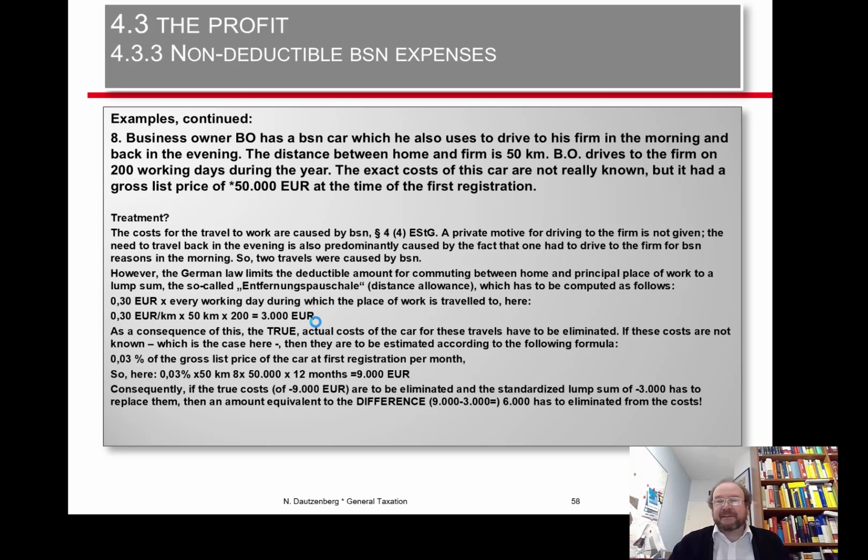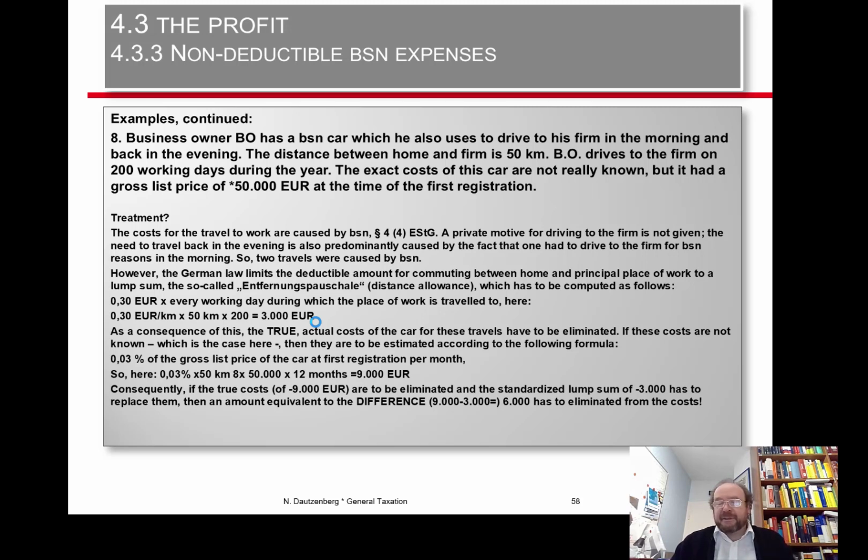But on the other hand, you have already heard that in Germany the costs of commuting to work and back are standardized. In principle, the rule is you get a standardized amount for the distance in kilometers per working day, 30 cents at the moment. Will be modified a bit in 2021, but not for the first 20 kilometers or so.